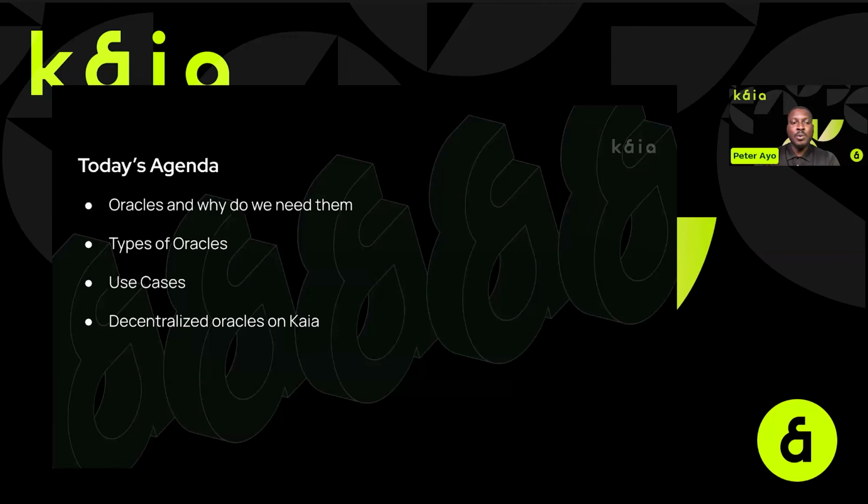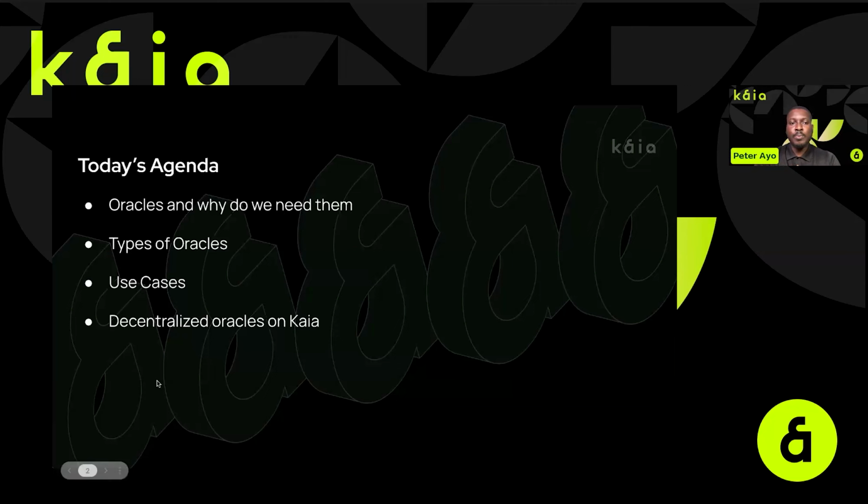We'll get there in a while. We'll also look at use cases, and decentralized oracles on Kaia. As a blockchain, to make your smart contracts more hybrid and connect to the real world, you need to integrate decentralized oracles. And on Kaia, we have quite a number of decentralized oracles to help you make your smart contracts hybrid.